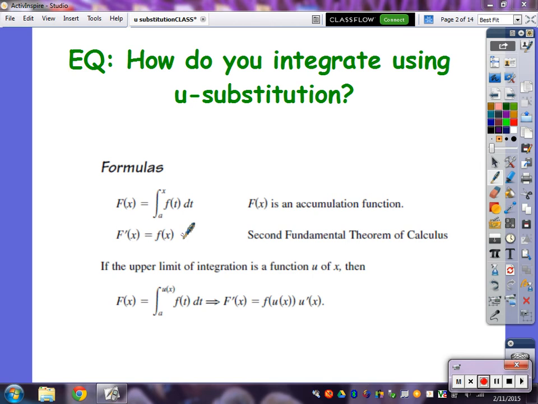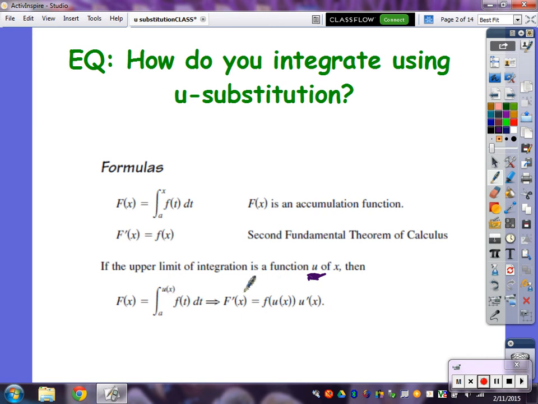Now, another thing we discussed in class is what happens when your upper limit of integration is no longer just x, but a composite function. And typically, we represent composite functions with the variable u. It's pretty much a universal indicator of a composite function. And so we discussed in class how you still would use this same concept of taking your upper limit of integration and plugging it in for x, but you have to remember it's kind of like the chain rule where you have to compensate for the composite nature of this function.